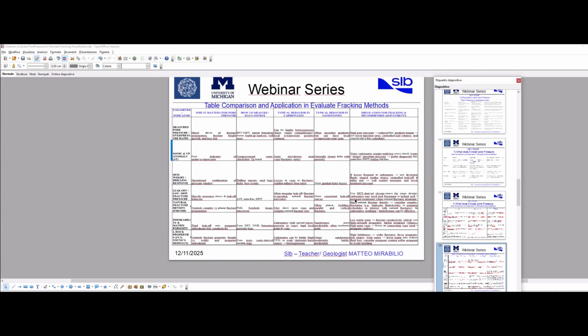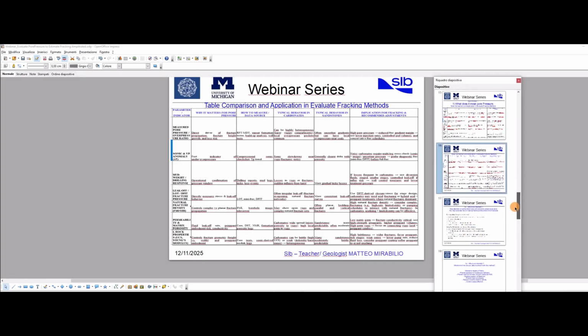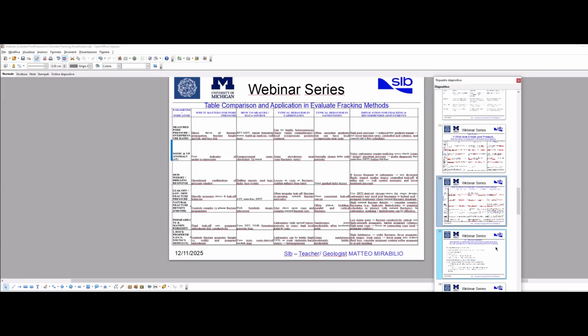For carbonate, you may need acidification or fracturing with acid-proppant where natural fracture domains exist. It is not always easy, because sometimes you need to acquire much more data multiple times.